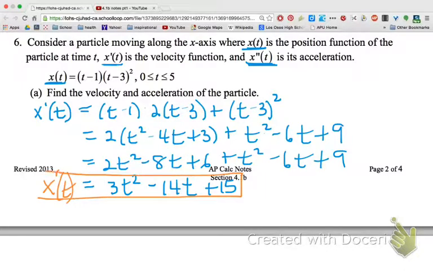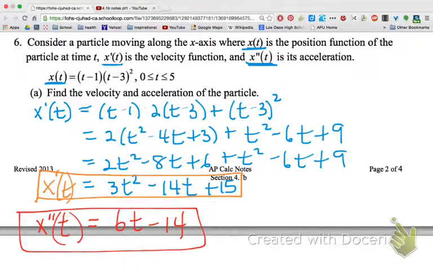And now if I want to find acceleration, I have to take the derivative of that. So double prime would be 6t minus 14. The one that took the most work, of course, was velocity.